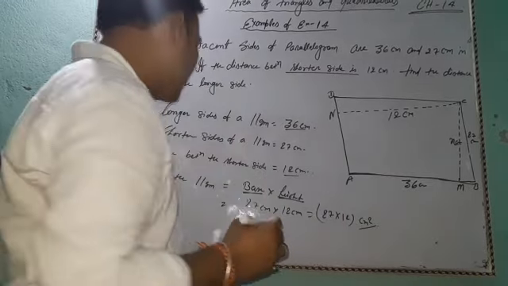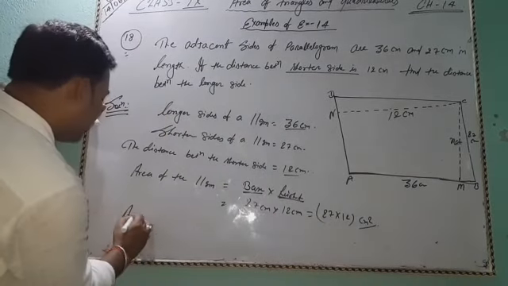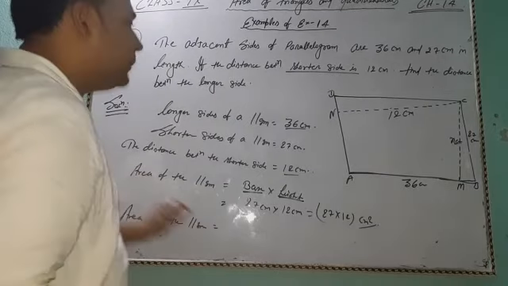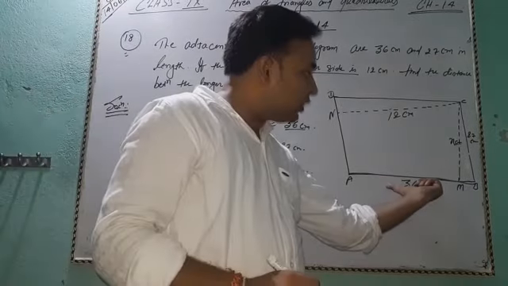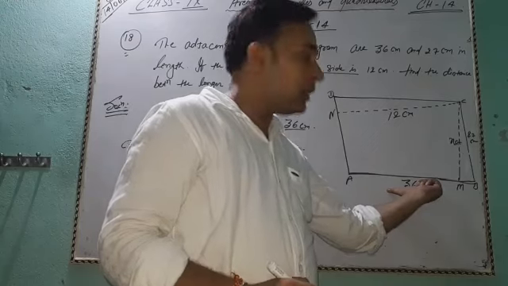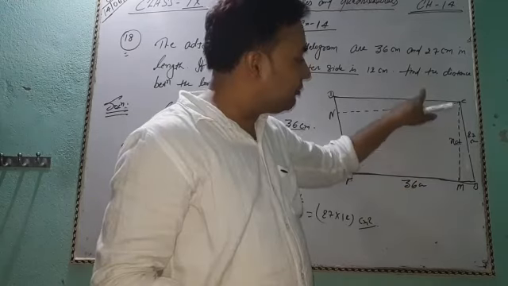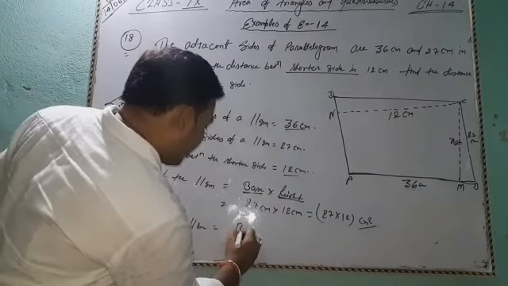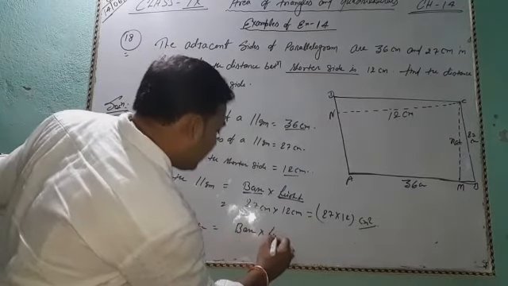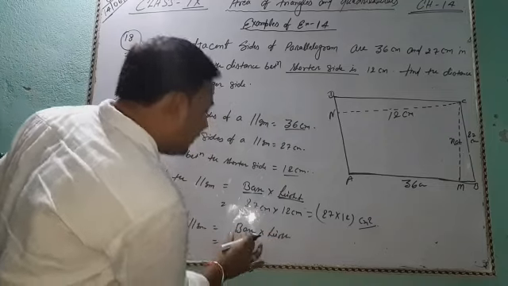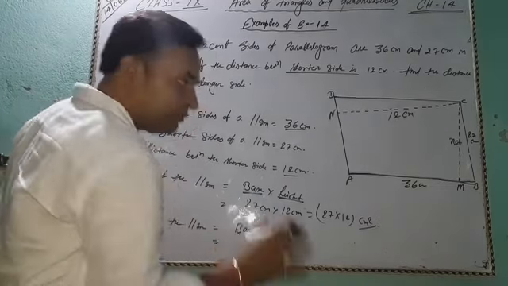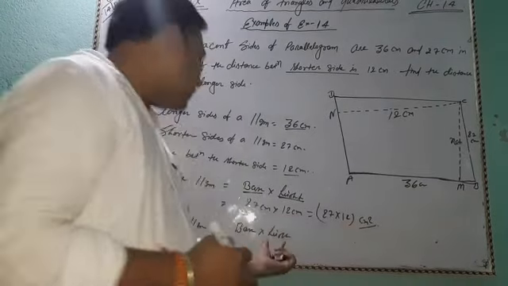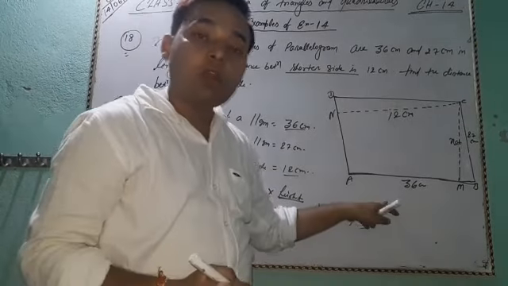Okay, and next, area of the parallelogram, if base equal to longer side, then the height is the distance between the longer side. So base multiply height, base equal to longer side, and height equal to the distance between the longer side.